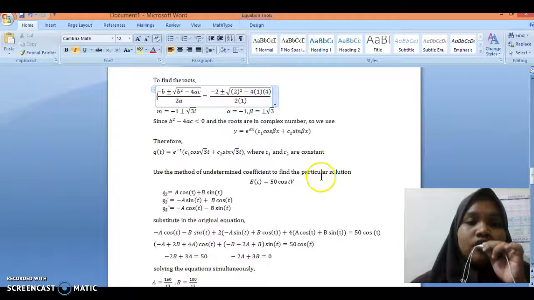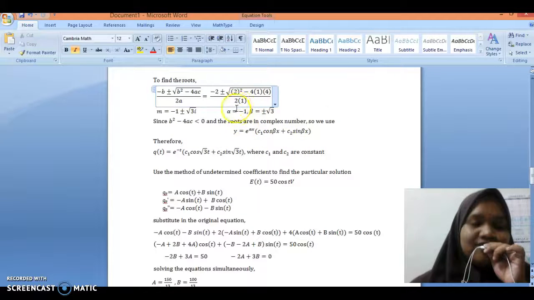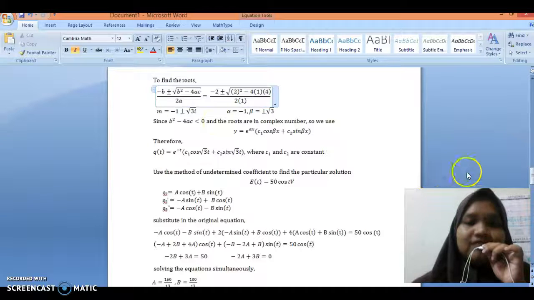Then we have to use this equation, since it is the third case.